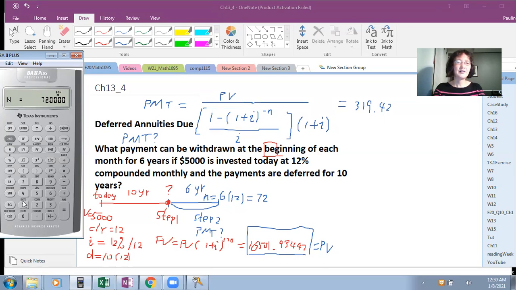And then 0 is FV as precaution to clear any previous entries. On safe side, you'd better type in the interest IY. Last step, you compute PMT 318, the same number as here. Okay, so that is the calculator.